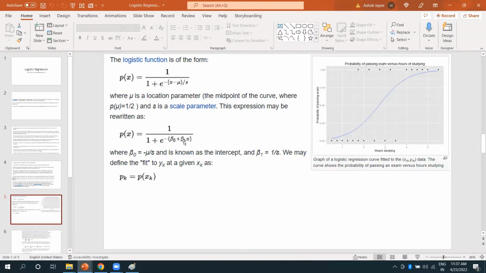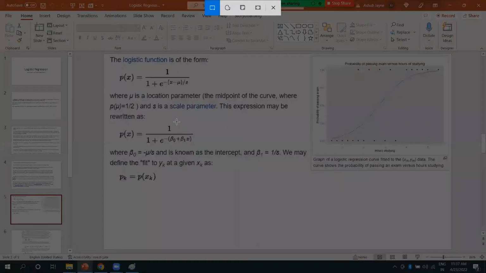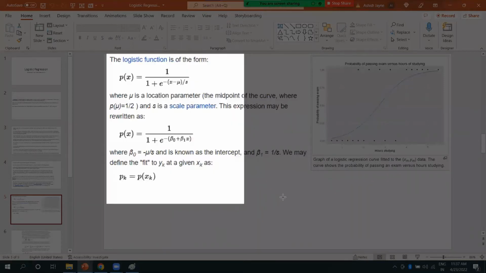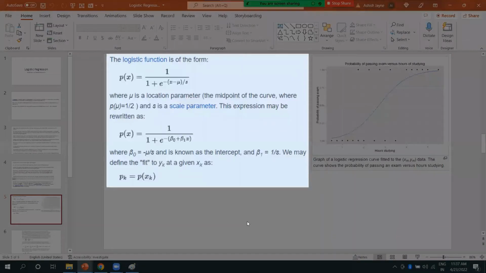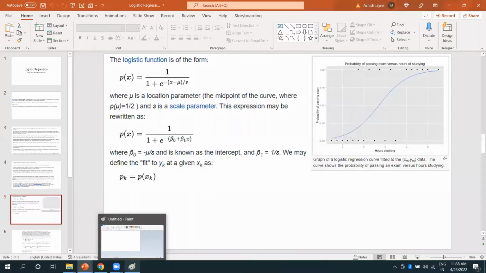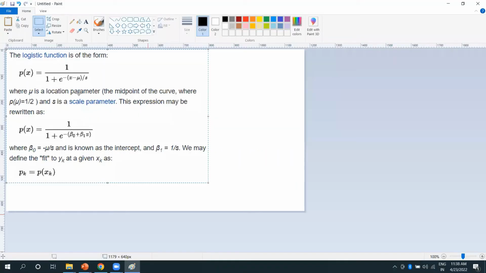What you see over here in this cell is the logistic function.